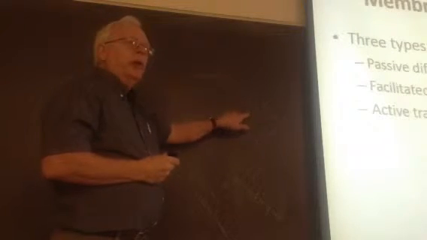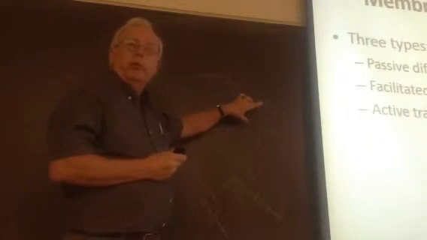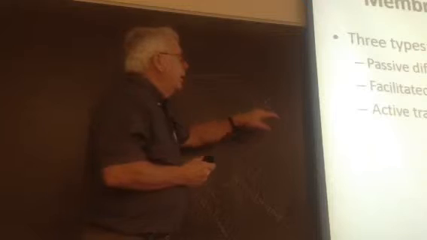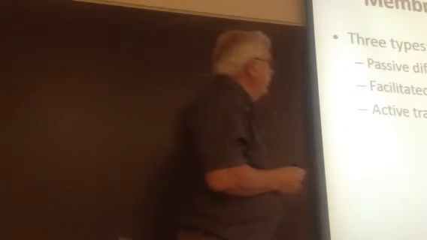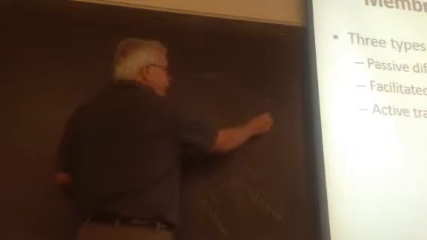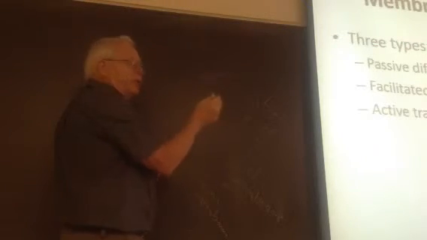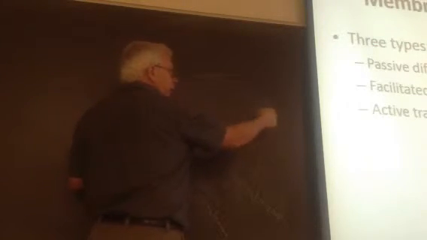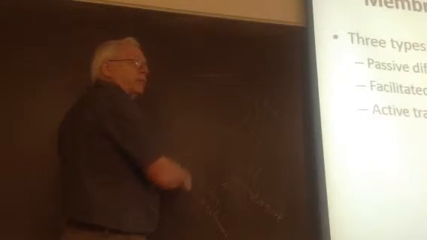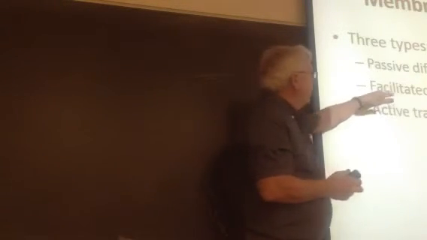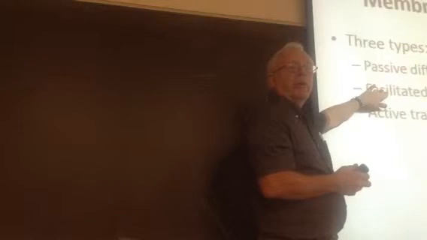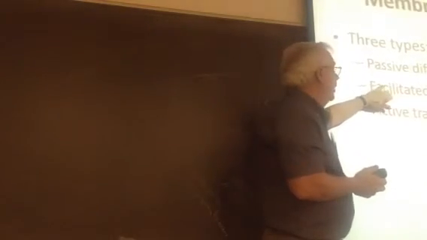That entryway machinery would be a protein of some sort. That's called facilitated diffusion. The membrane protein facilitates the entry, but it doesn't force it. Things will move in, again, only if there's more outside than inside. So it's still a diffusion mechanism. It's just faster. It's facilitated by a membrane protein.